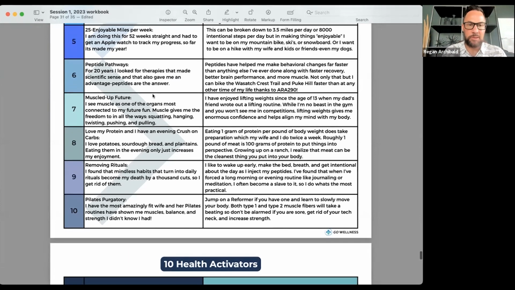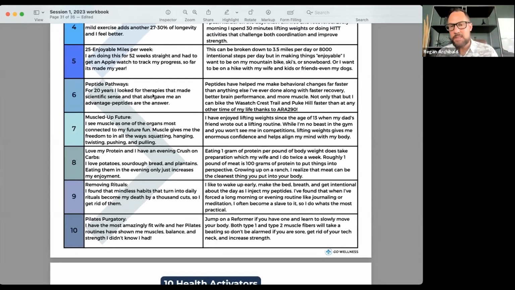Peptide pathways. So for 20 years, I've looked for therapies that made the most scientific sense, that had efficacy, and they had a track record, of ideally decades, but also they had a future that was much bigger than its past. And those are peptides.